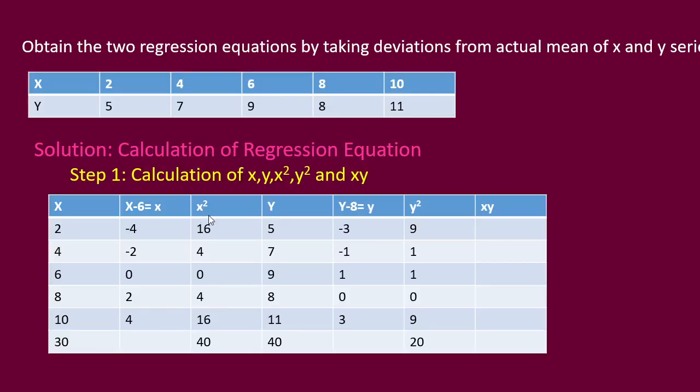The summation of x square is 40. And here for y, already calculated, the square of these values is y square: 3 square, 1 square, 1 square, 0 square, 3 into 3 is 9. The summation of y square is 20.